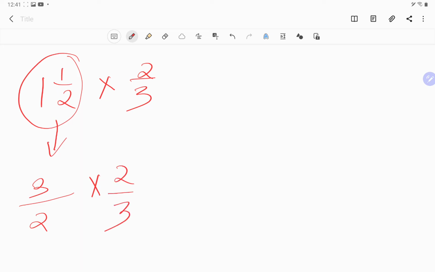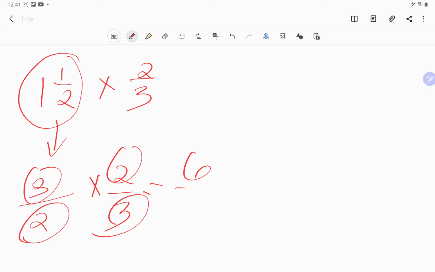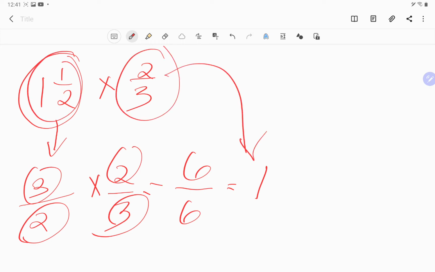Ganun lang siya kasimple. Ngayon, saka natin siya i-multiply, no? So, we have 3 times 2 is equal to 6, and then 2 times 3 is equal to 6 din. That becomes a unity, and all unity is equal to 1. So, yung 1 and 1/2 natin times 2/3 is equal to 1.